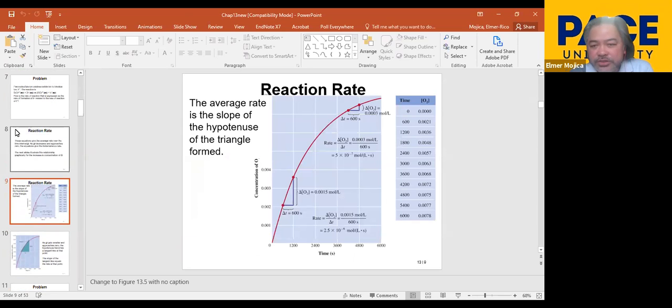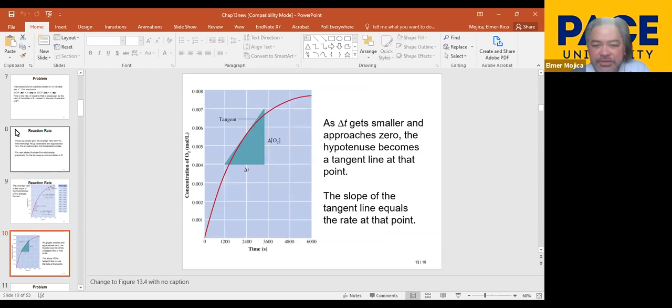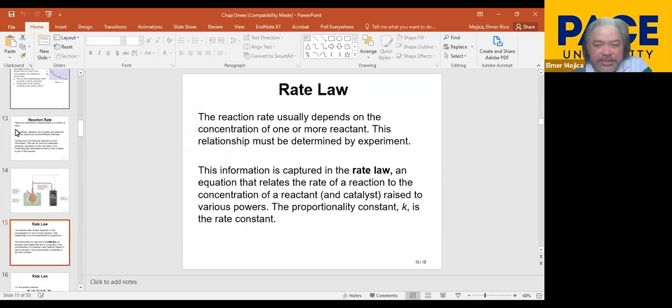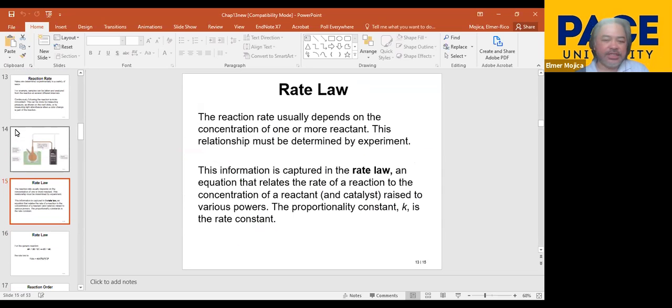And we also discussed instantaneous rate and reaction rate, or the average rate, how they are different and how they are the same in one way or another. We solved some problems. And I think, if I'm not mistaken, we ended up with the rate law, how the rate law is written.